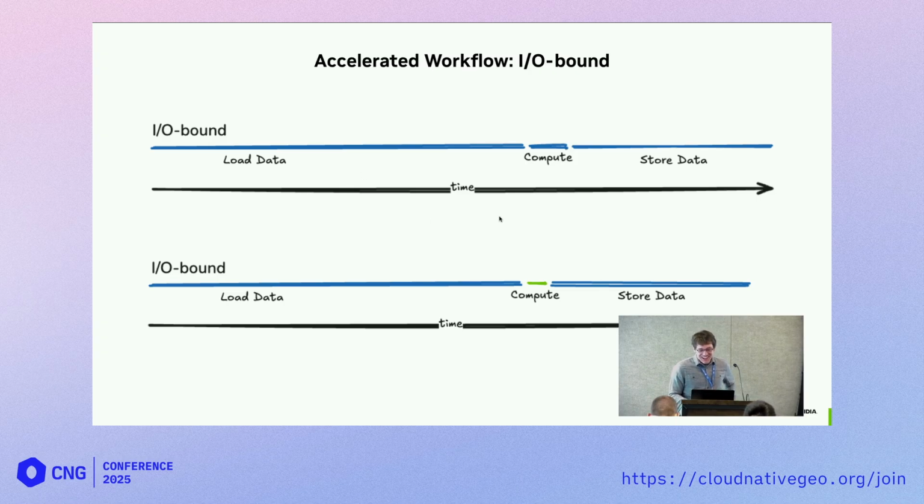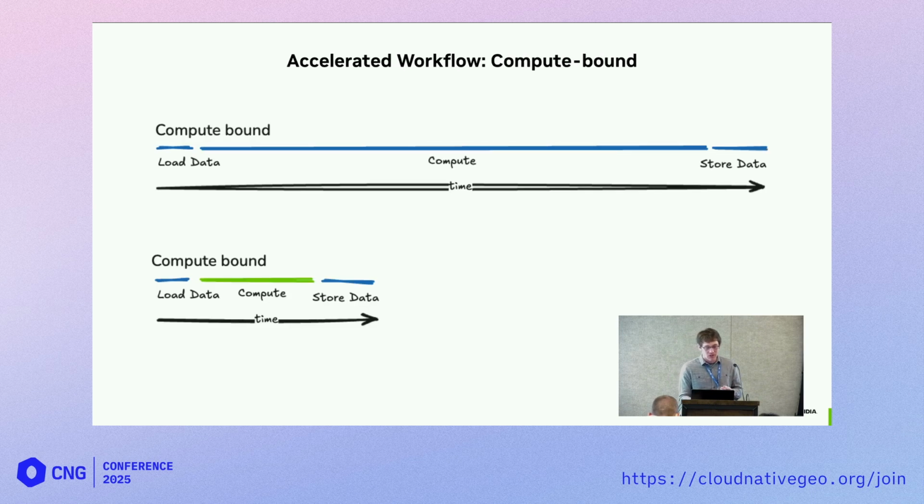Anyway, in this case, we can GPU accelerate the compute, and it's a little bit faster here. This green bar is a little smaller, so our overall time, this black bar at the bottom, is a little bit smaller, but maybe not worth it. Compare that with a compute-bound workload where, since compute was such a large proportion of the time originally, we can speed that up a lot, and now our overall time has really improved here.